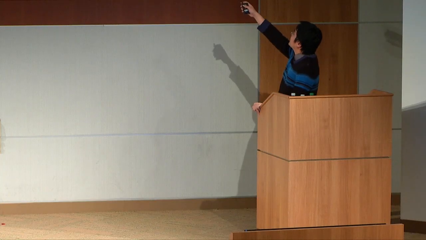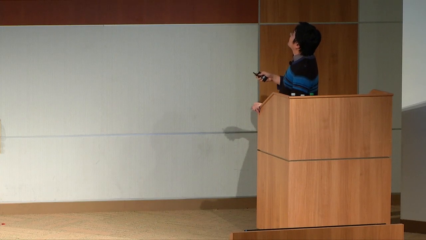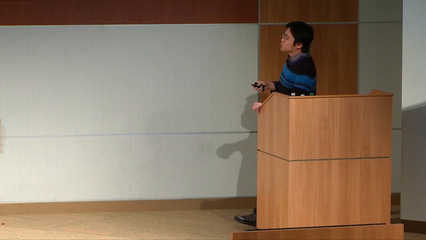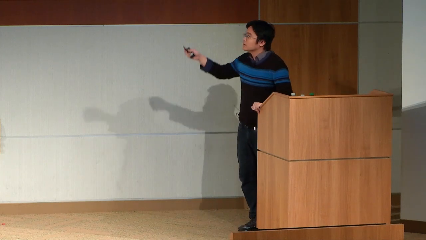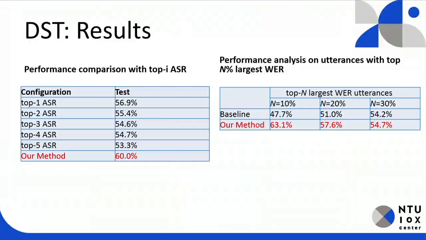You can find that based on this table, if we only consider the top 10% largest word error rate utterances, based on the typical approach, the accuracy you can obtain is 47.7%. However, with the proposed approach, we can obtain 63.1%. So there's absolutely around 15% improvement with this approach, if the machine can learn to exploit and leverage the multiple hypotheses in an intelligent way.